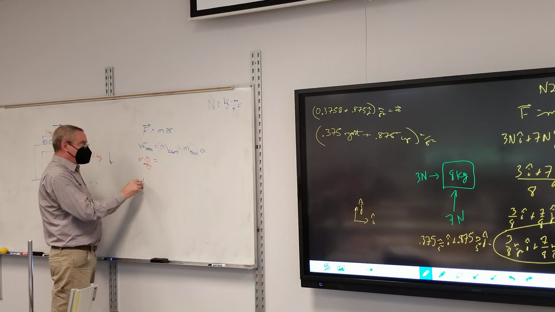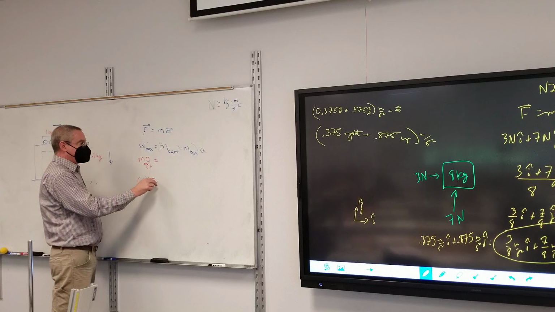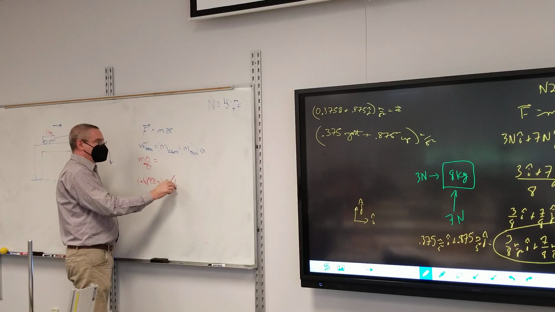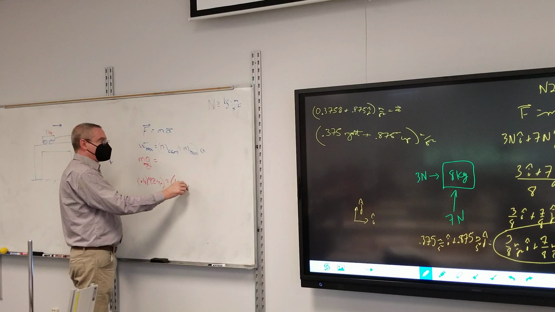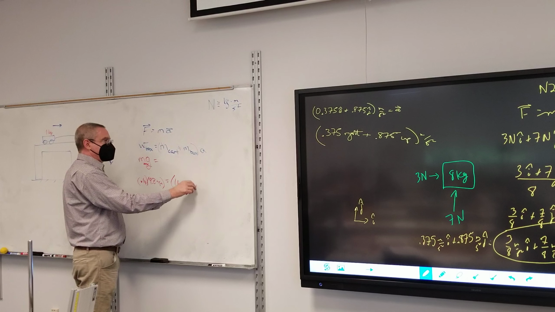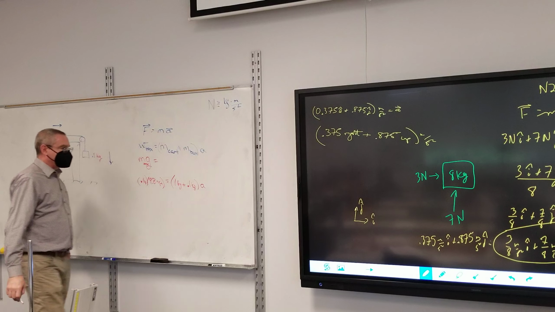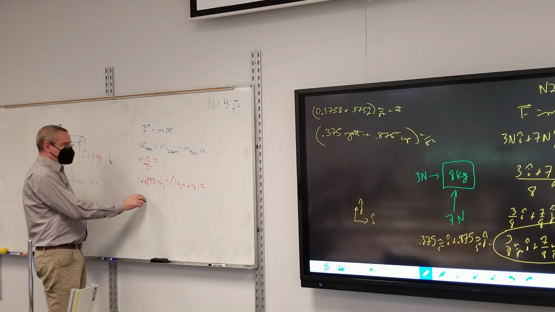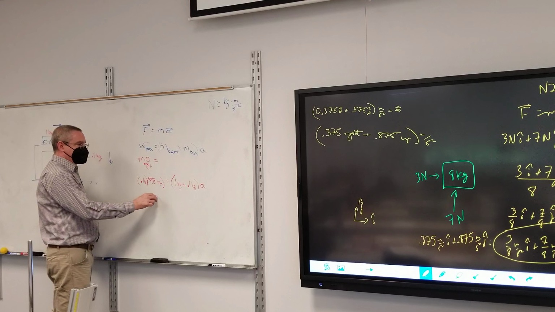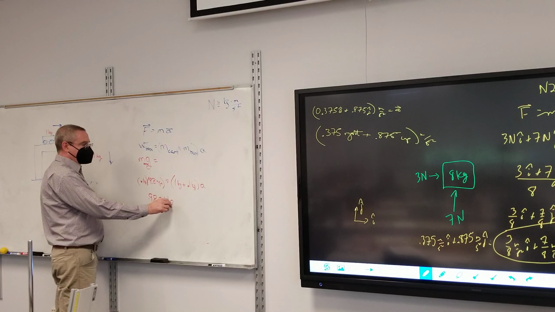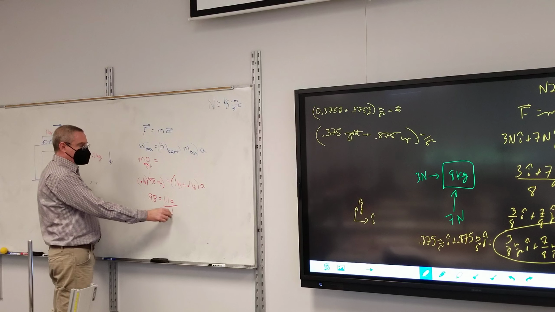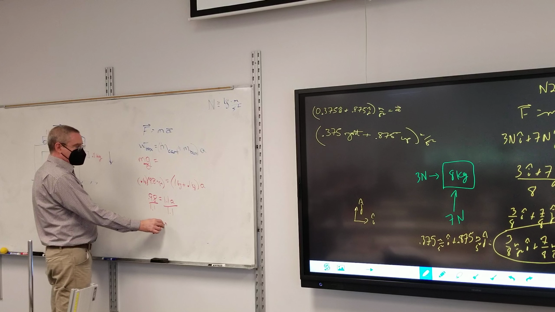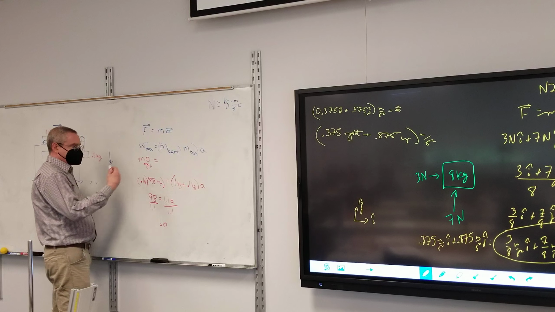So this is 0.1 kilograms times 9.8 meters per second squared is equal to 1 kilogram plus 0.1 kilograms times acceleration. So 0.98 equals 1.18 times A. So A is whatever that is.